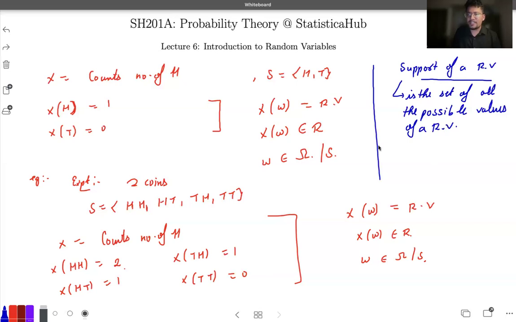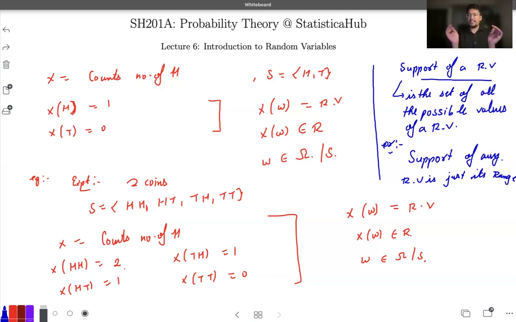In other words, we can simply say the support of any random variable is just its range. A random variable is a function, so it will be taking some values in the real numbers. If you get the range set, then this range set is known as the support of that particular random variable.